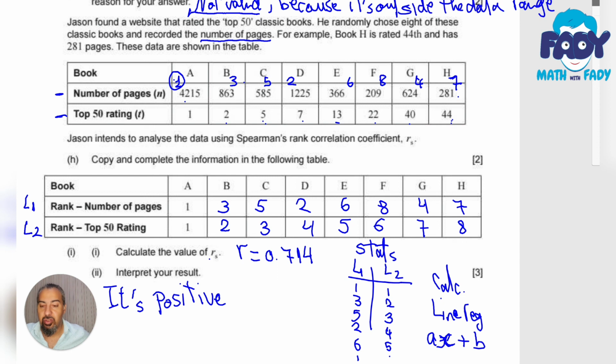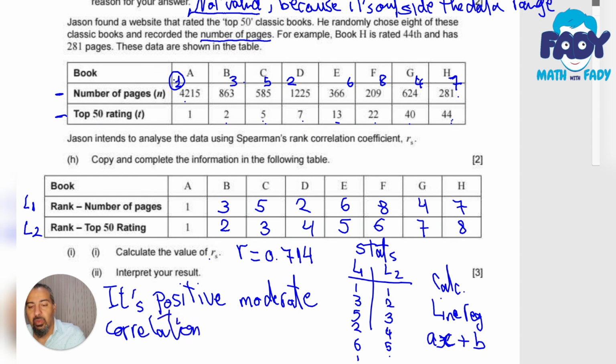You may write strong, both will be correct. It is not very strong. You may write strong or moderate. So a positive, moderate correlation between the number of pages and the top 50 rating.